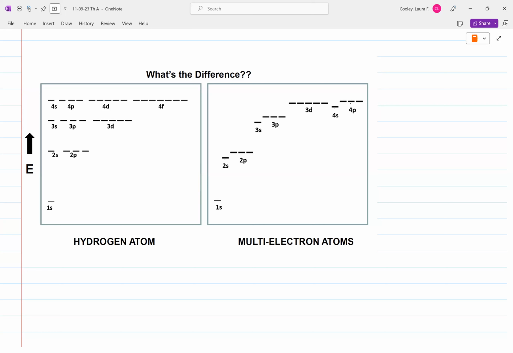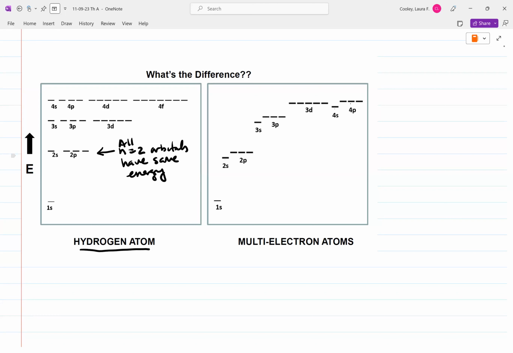What I show here are the energies of the different orbitals. This is for the hydrogen atom. You'll notice that here we have n equals 2, but we have a 2s and a 2p orbital. And notice they are at the same energy. So all n equals 2 orbitals have the same energy.